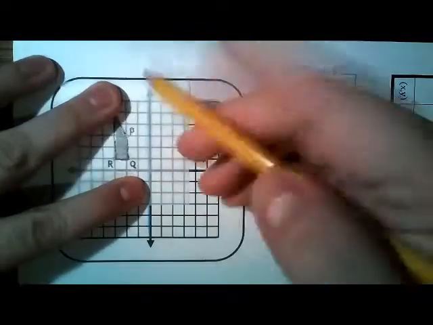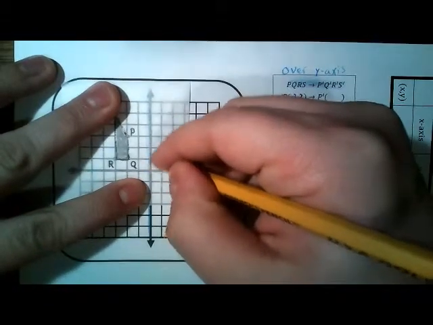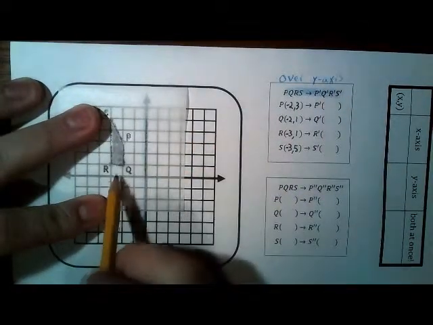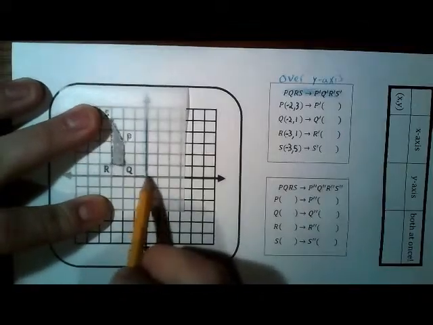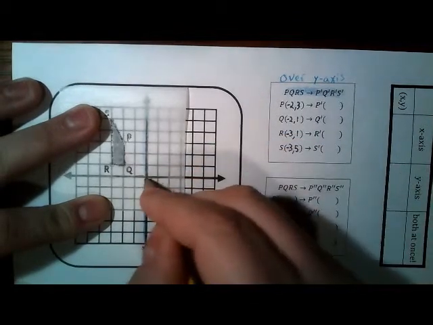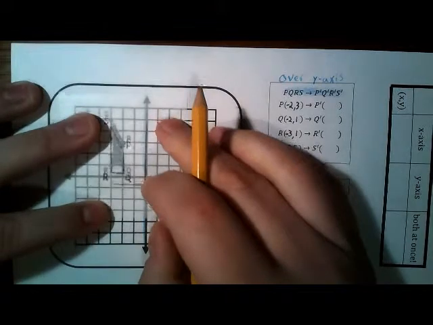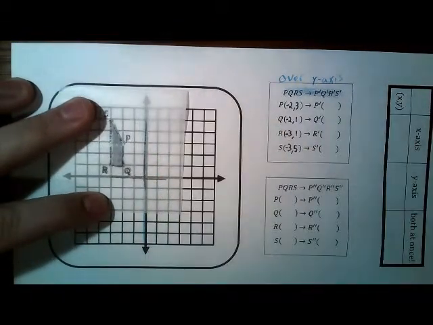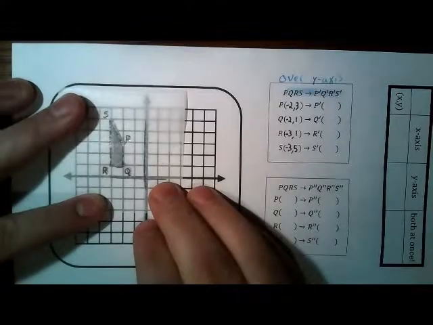In this case it's the y-axis, so I'm going to trace the y-axis. And I also want to trace over the x-axis too, so that I can line everything up right in the center, so it's not shifted above or below or a little bit to the right or left. So we want to match up everything with the line of reflection.